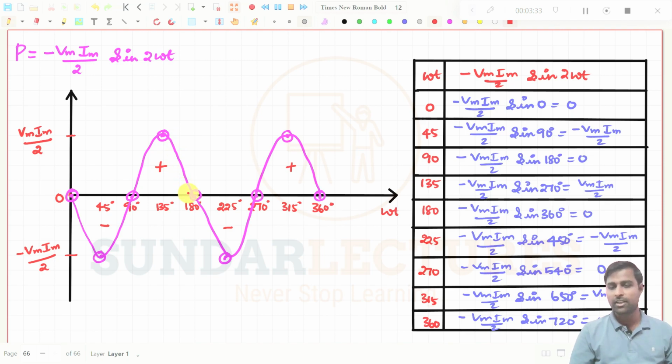Positive power means the power will be delivered by the source and absorbed by the load. And what is negative power? Power will be delivered by the load and absorbed by the source, and it is going like this. And again you see the power becomes positive, and this will be continued throughout.